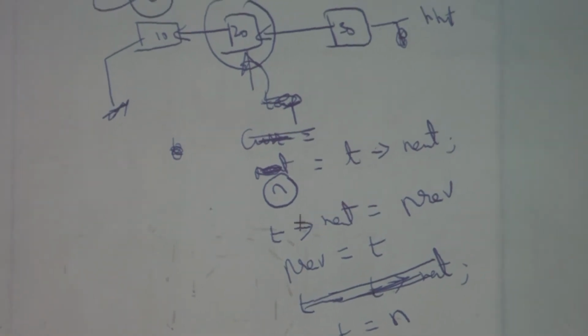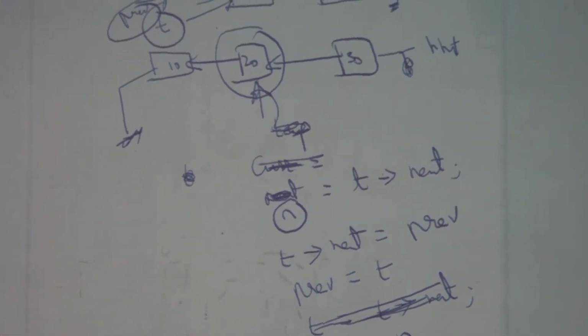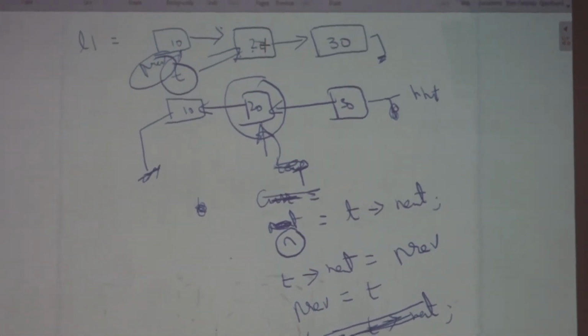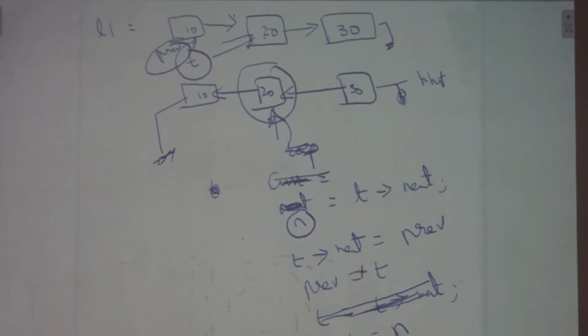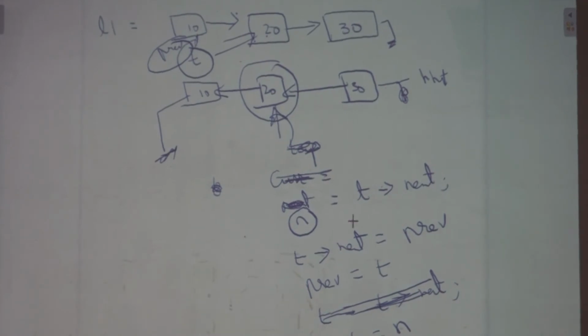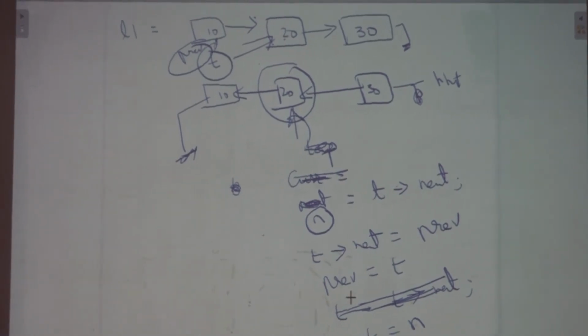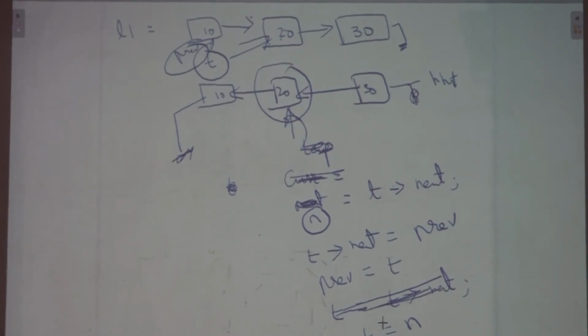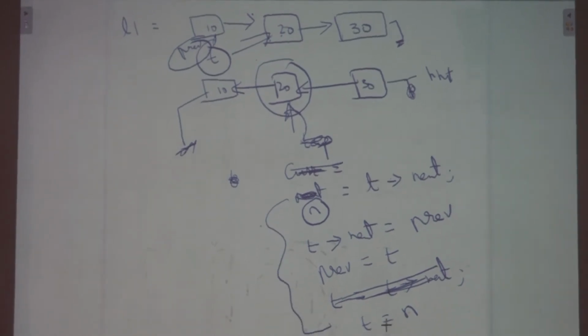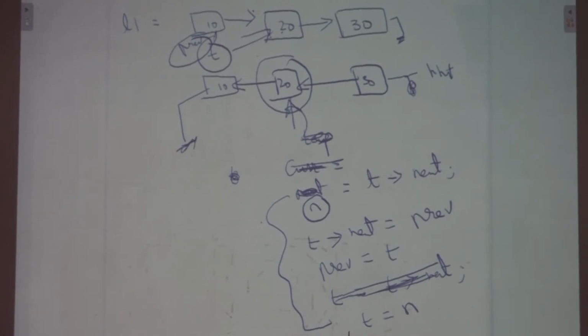Then T's next, T is here, T's next is equal to previous. Now I have set this guy's next to previous. Now previous should become T and T should become N, which is the earlier T's next, which I have preserved. So these are 4 lines I need to do. Okay. Correct?